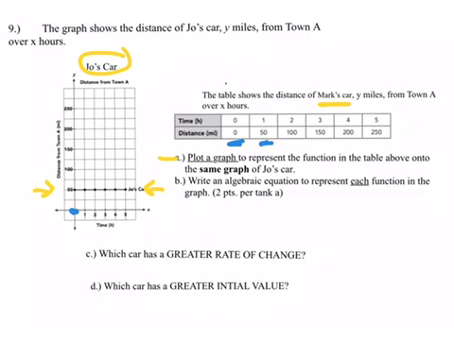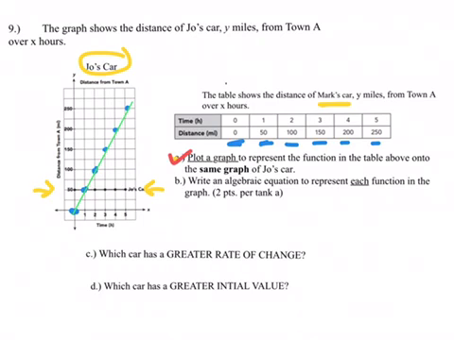Over 1 up 50. Over 2 up 100. Over 3, 150. 4, 200. So we're plotting it right on the same graph. 5 and 250. Okay, then we could connect those with a line. Okay, part 1 is done.